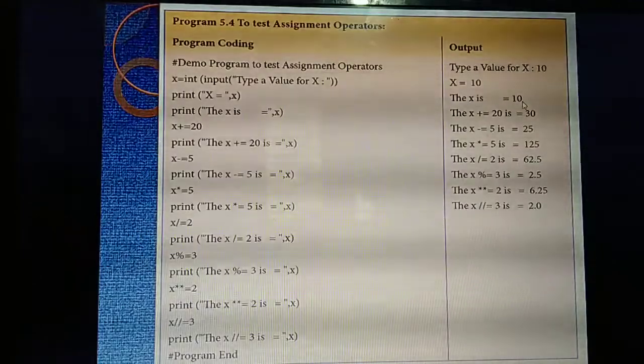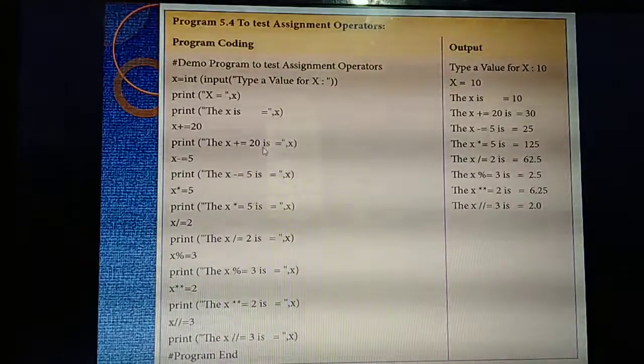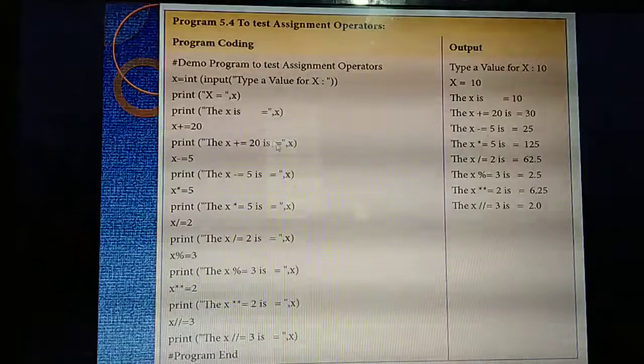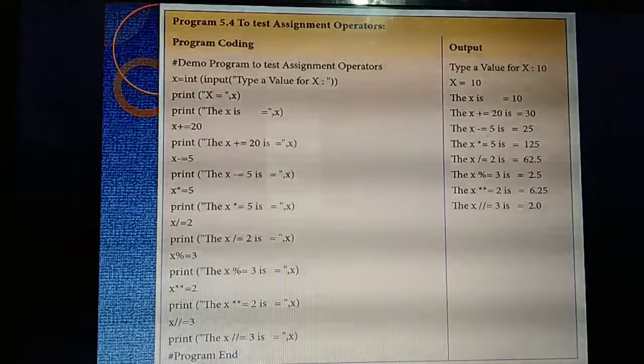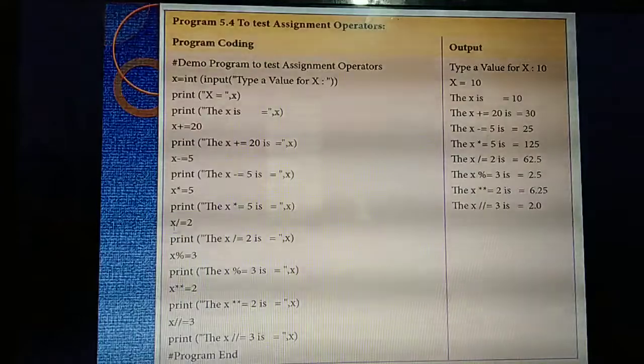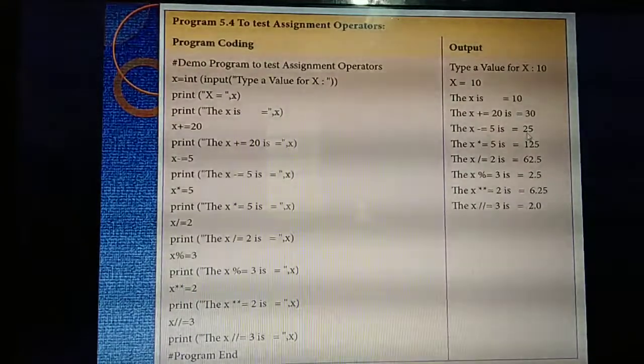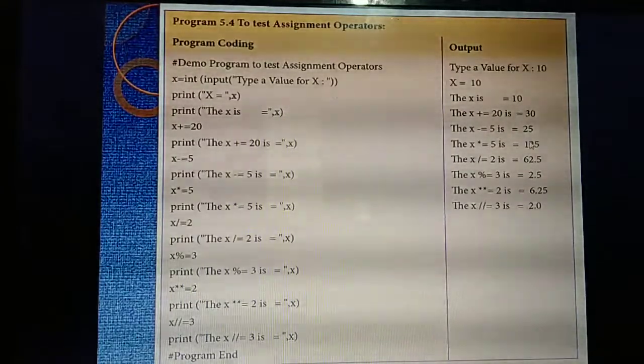Next one, x plus equal to 20. What's the meaning of x plus equal to 20? x equal to x plus 20. So 10 plus 20, 30. x minus equal to 5, so 30 minus 5, 25. x star equal to 5 means 25 into 5, 125.